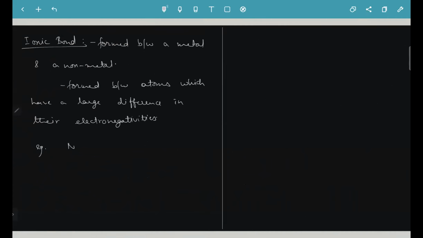Examples of molecules or substances having ionic bond: NaCl, KCl, NaBr, Na2O, MgO, etc.